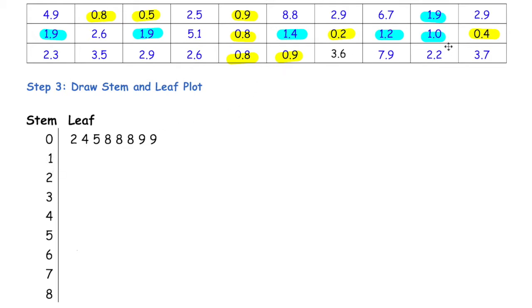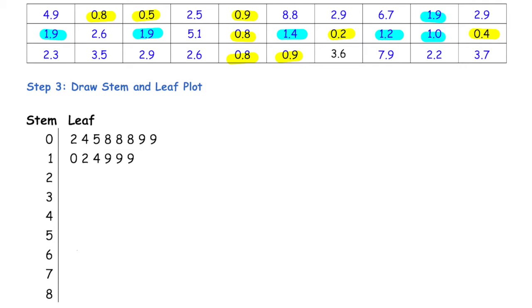How would I display a value of 1.0? I would simply put a 0 next to the stem for 1. Now I want to show 1.2, so next to this 1 I'm going to write a 2, and so on. The idea is to list all the values that have a stem of 1 from smallest to largest. So we've got the 1.0, the 1.2, 1.4, and then 1.9 3 times.